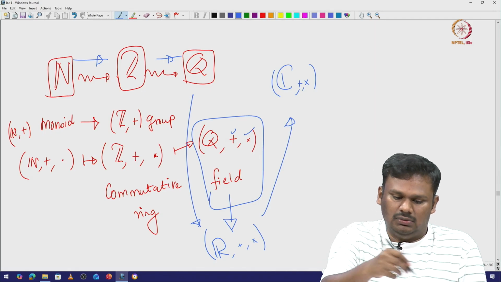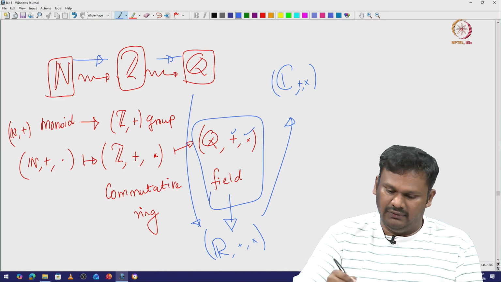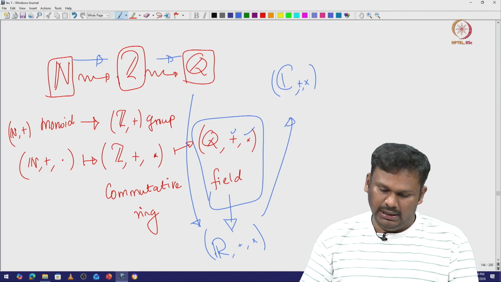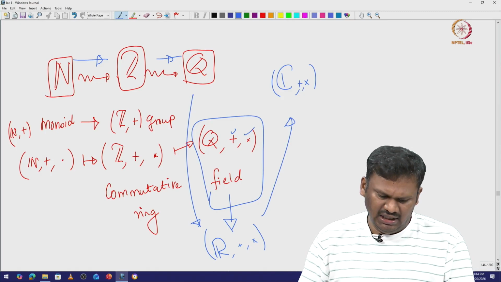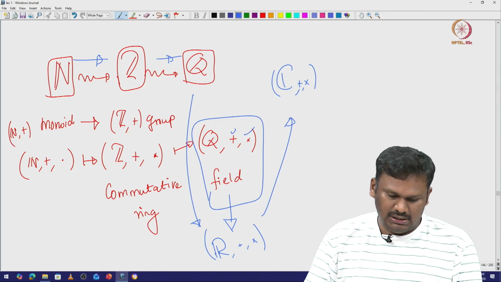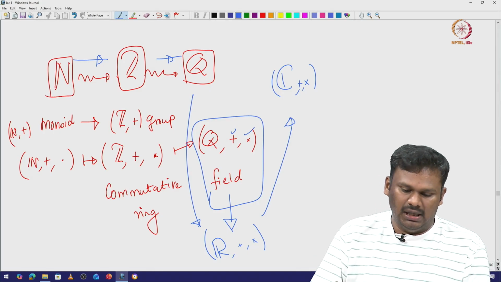So, this is how we reach all the way to complex numbers. That is how the complex numbers were indeed invented.